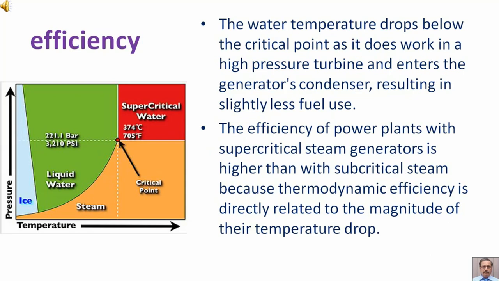The water temperature drops below the critical point as it does work in a high pressure turbine and enters the generator's condenser, resulting in slightly less fuel use. The efficiency of power plants with supercritical steam generators is higher than with subcritical steam because thermodynamic efficiency is directly related to the magnitude of their temperature drop.